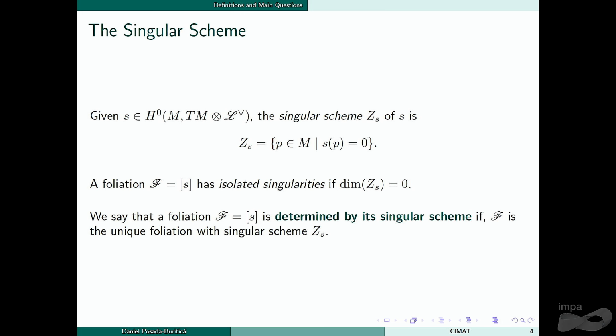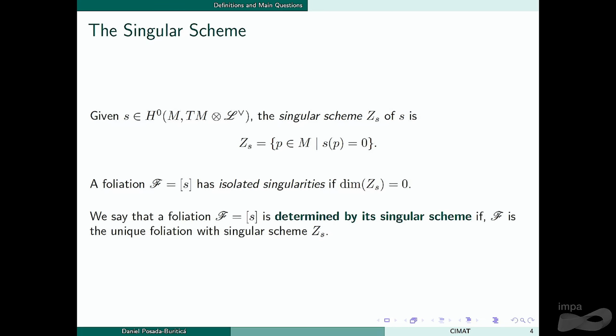And we say that the foliation is uniquely determined by its singular scheme if it is the unique foliation with that singular scheme. That means whenever another foliation has the same singular scheme, the foliations are the same.